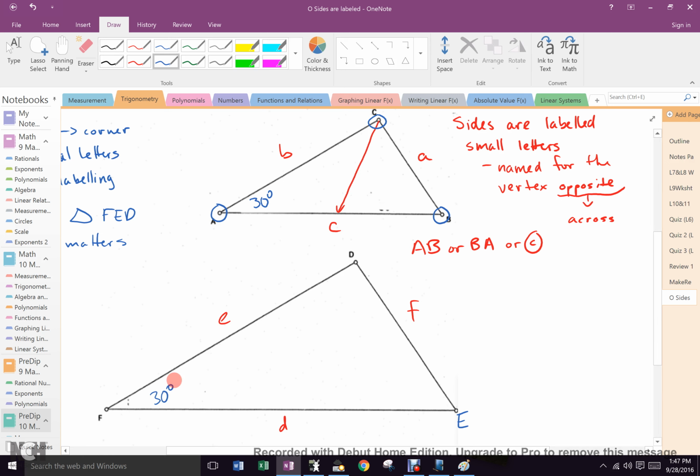Excellent. Angle D is 95. So what does that automatically make angle C? 95.